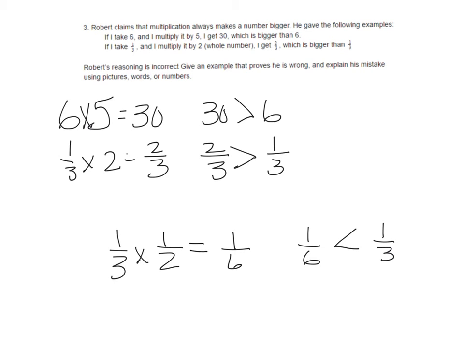Or if we did 1/8 times 1/3, that equals 1/24, and 1/24 is less than 1/8. So what's happening is when we multiply a fraction by a fraction, we're getting a smaller number because we're multiplying by a number that's less than 1. So this is why Robert's reasoning is incorrect.